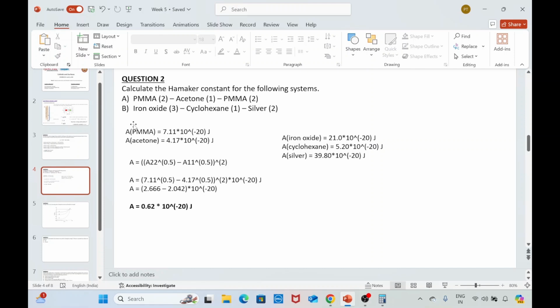Now we have solved for the similar particle system. The same concept we are going to apply for dissimilar particle systems, that is iron oxide, cyclohexane and silver. Since I have solved for one, I hope to receive responses from your side for the dissimilar particle system.